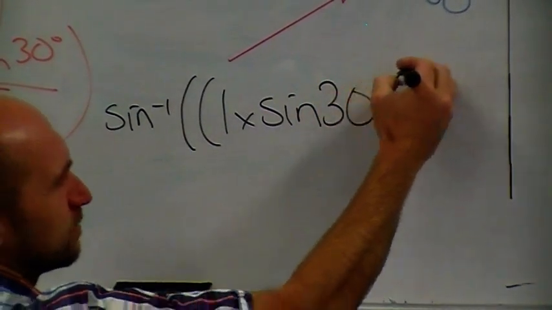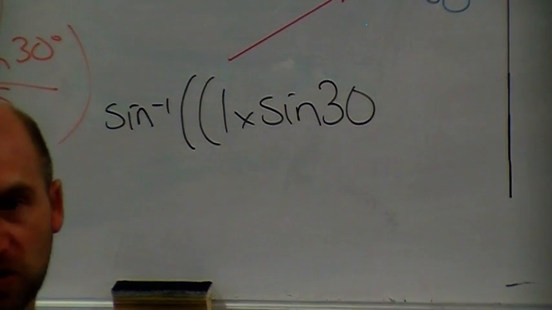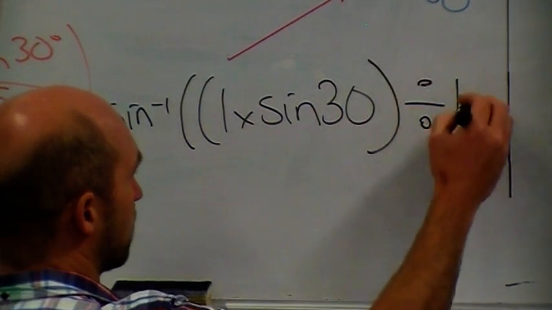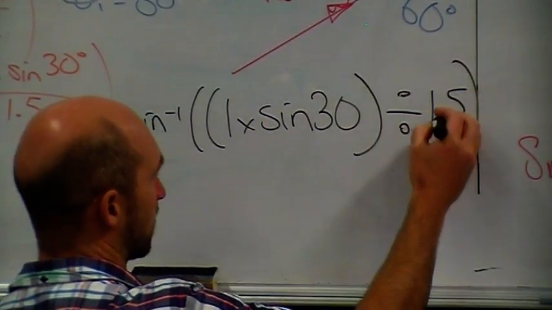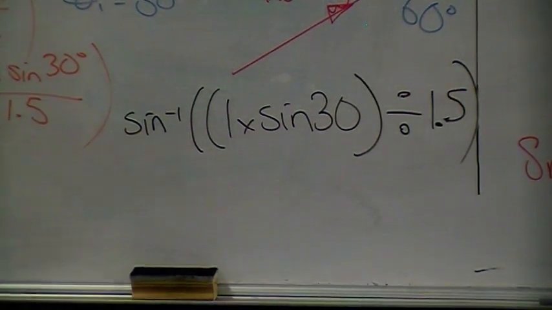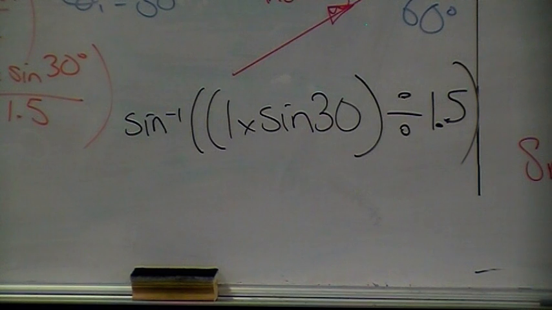And you don't need to put a degrees sign because you make sure it's degrees by making sure that your calculator is on degrees mode. Close brackets, divided by 1.5, close brackets. If you're using the divide by key and brackets, you will get the right answer. Sometimes you'll get the right answer with the fraction key, but sometimes not, so just be careful with that.